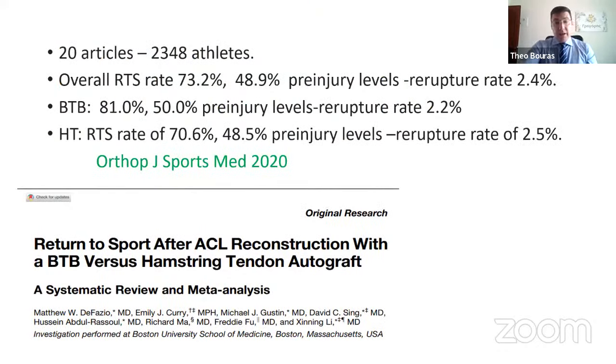Another meta-analysis coming from Boston, Massachusetts, reporting hamstrings versus BTB, found similar re-rupture rate, similar return to pre-injury levels, but overall higher return to sports or to pre-injury activity levels for all the patients. And we're talking about over 2,000 athletes.